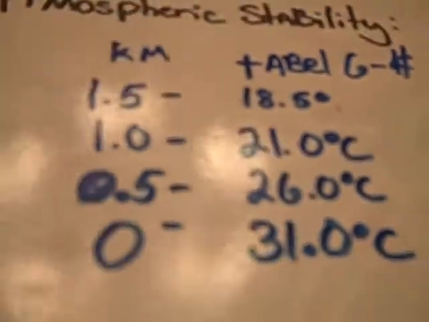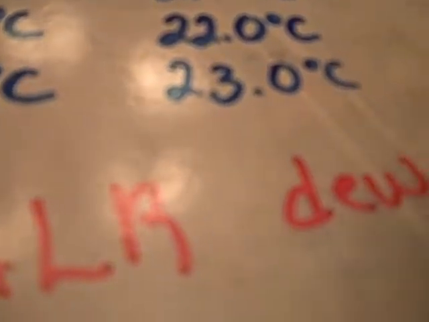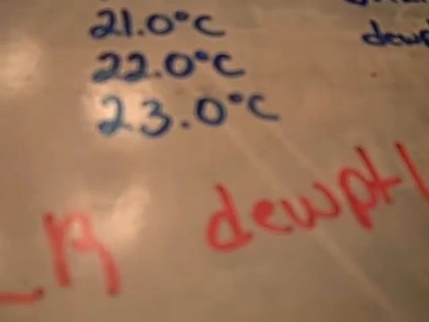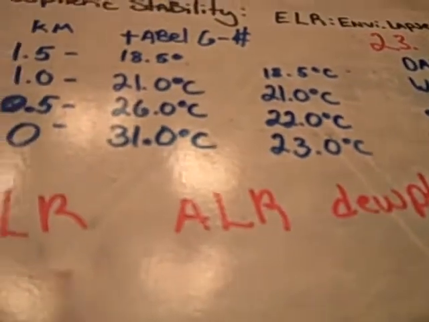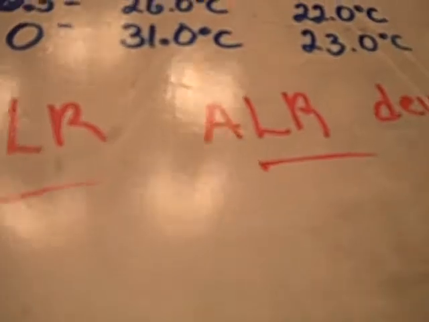When you get done, you're going to have tables that consist of the environmental lapse rate, the ELR, the adiabatic lapse rate, both the dry and the wet, and your dew point temperature lapse rate. And so you're going to have these 3 sets of data.